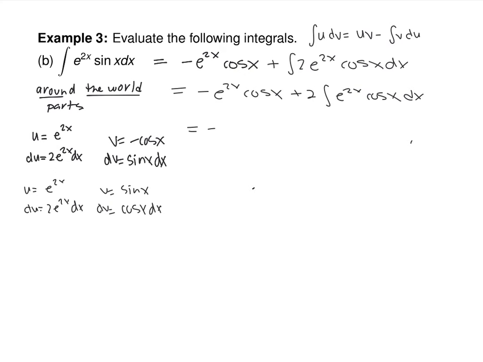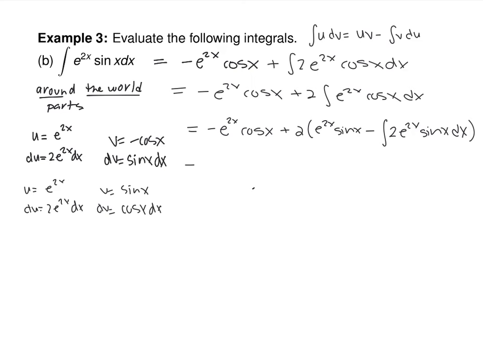So we have negative e to the 2x cosine x plus 2 times uv, e to the 2x sine x, minus the integral of 2e to the 2x, so v du, times sine x dx.